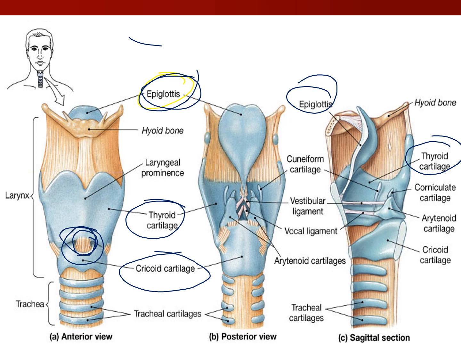So those are your three single cartilages, the epiglottis, thyroid, and cricoid, and that gives you a picture of where they're at. When you're looking at the side view, your cuneiform is up here. You see that one? And then your corniculate is the very top of this thing that looks like a pyramid over here.